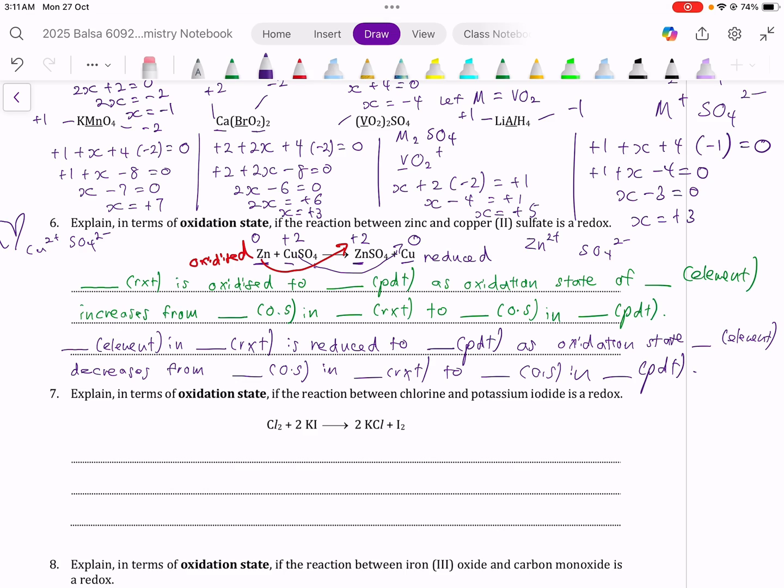Alright, so the oxidized one is the Zn. I hope you'll be able to see, to ZnSO4, as oxidation state of Zn increases from 0 in Zn to +2 in ZnSO4.